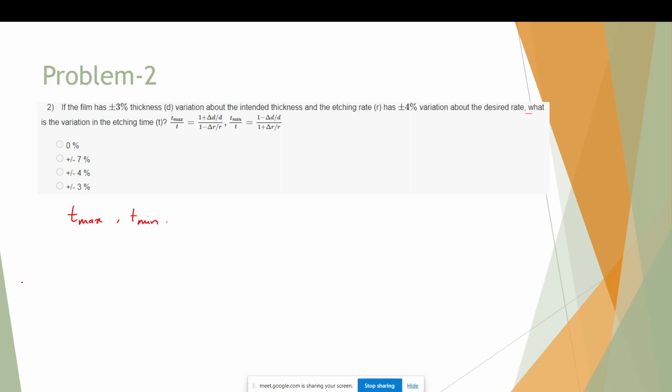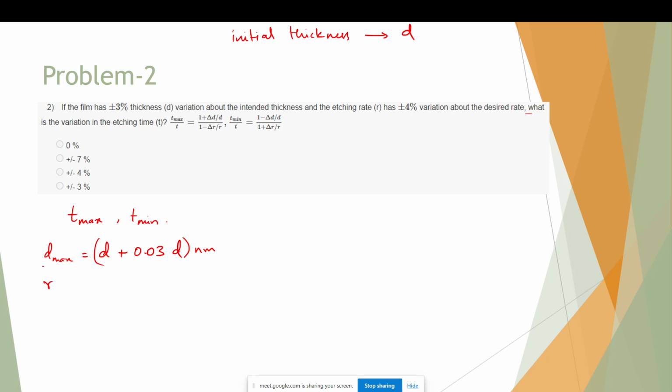Say I had an initial thickness of D, then we are saying plus 3% variation means maximum thickness D max is D plus 0.03 times D. It will take maximum time when the rate is the slowest.